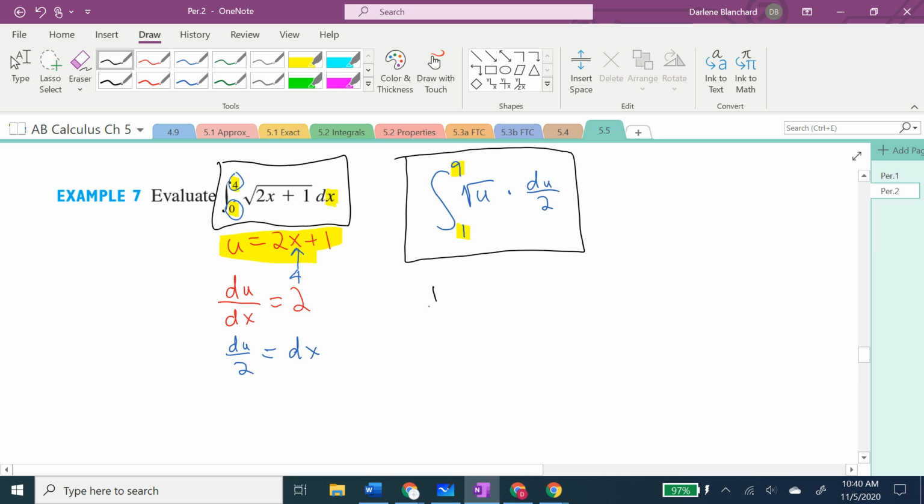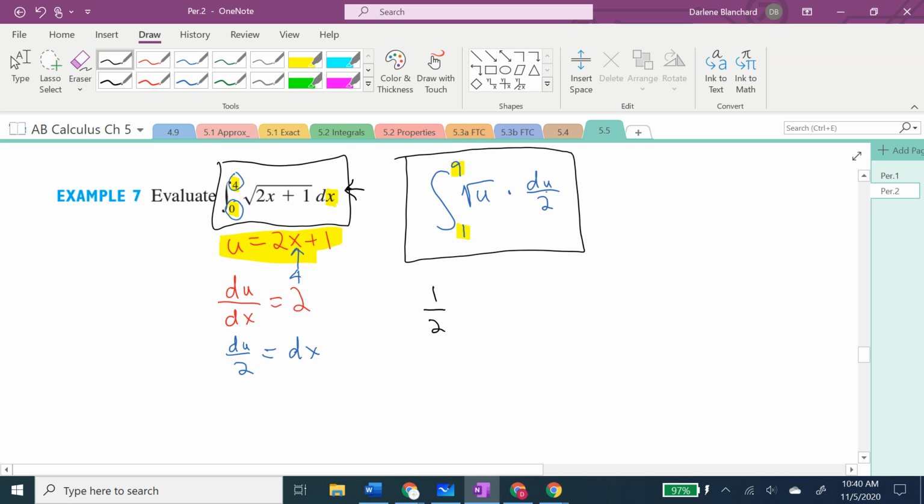And know that the AP test has a way of asking you questions where you have to know who this integral is equivalent to. And in a multiple choice setting, you better believe they're going to write this integral with a 0 and a 4 to try and trick you. So, yeah.